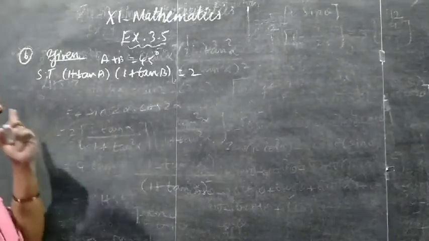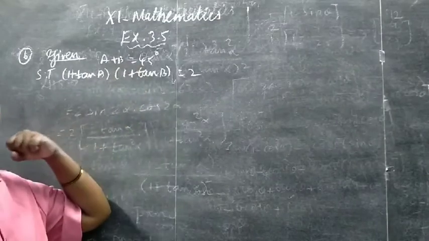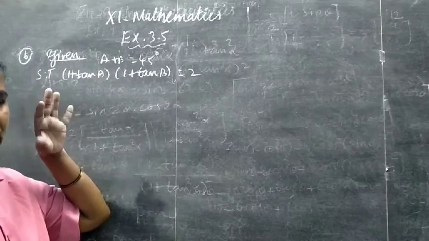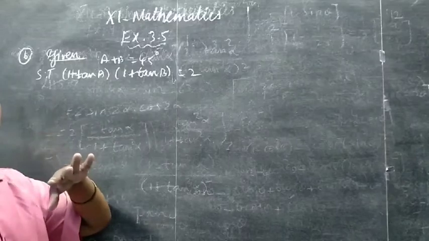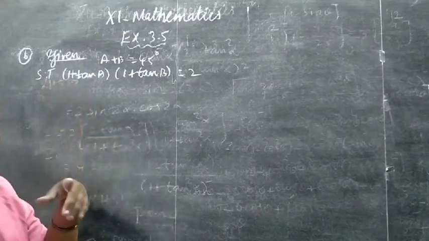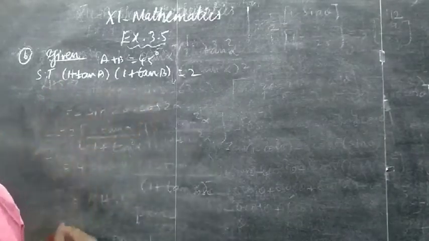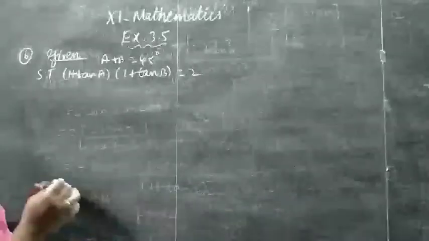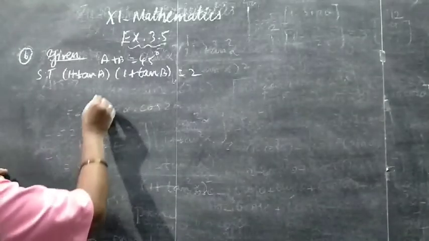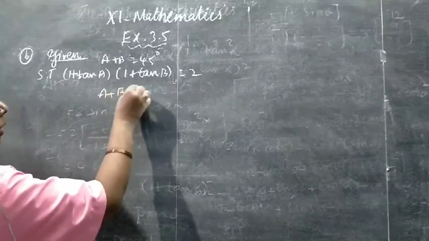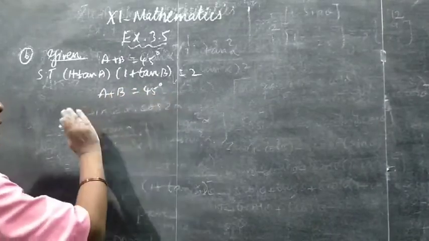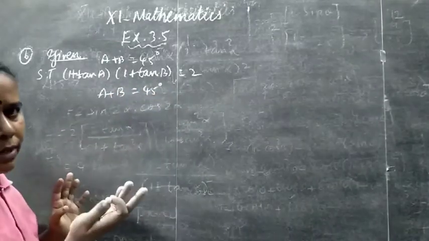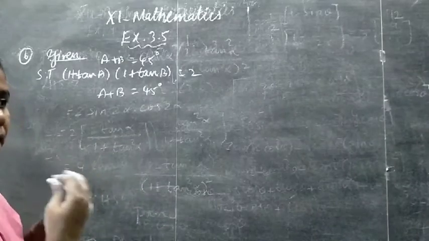Look here children, this is question number 6. Given a plus b equal to 45 degrees. This is given in the question: if a plus b equal to 45 degrees, then show that 1 plus tan a into 1 plus tan b equal to 2. So you are going to use the given part initially, taking a plus b equal to 45 degrees. Since the proof is related to tan ratio, we take tan on both sides.